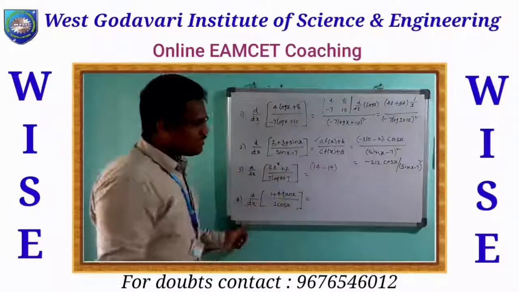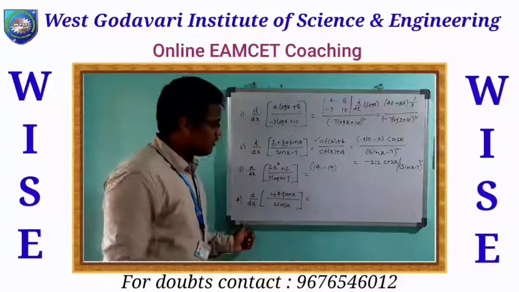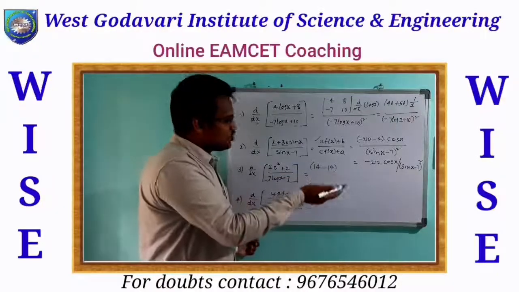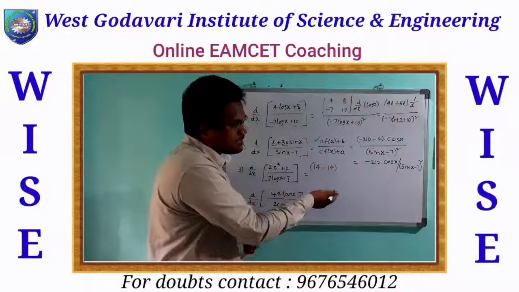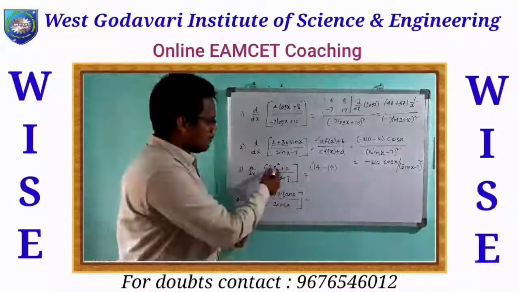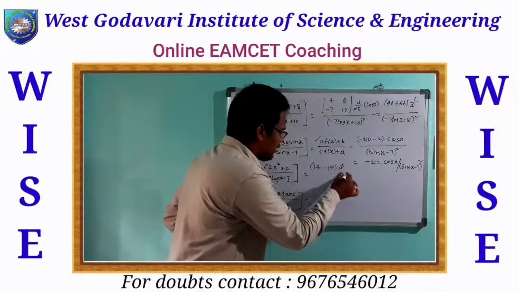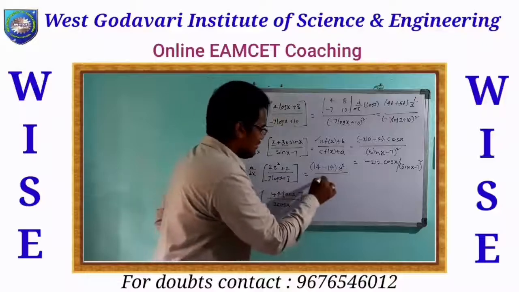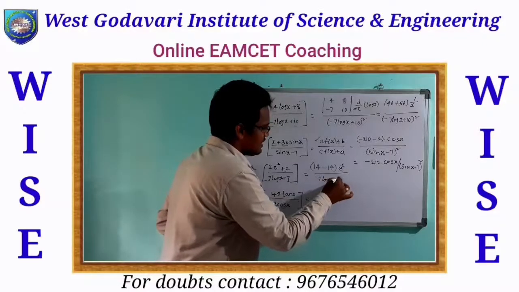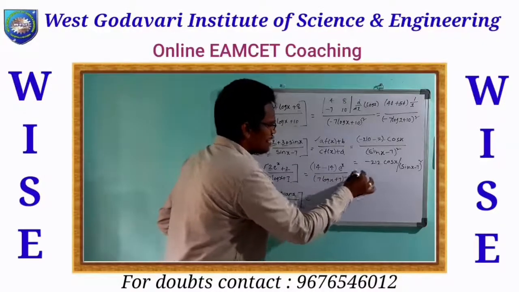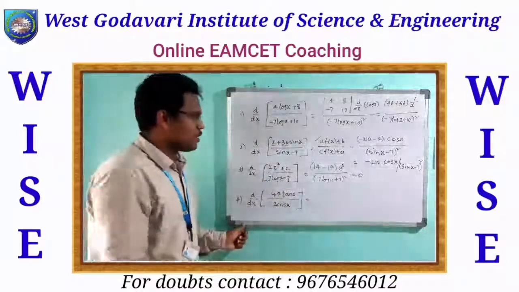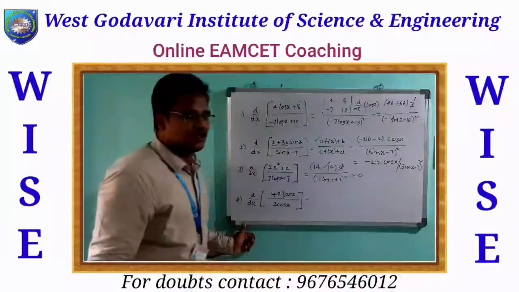So already we get the answer, that is 0, because 14 minus 14 is 0, 0 into something is 0, and 0 by something is also 0. So e power x, the derivative of e power x is also e power x, by 7 log x plus 7 whole square, and the answer is 0, because 14 minus 14 is 0.